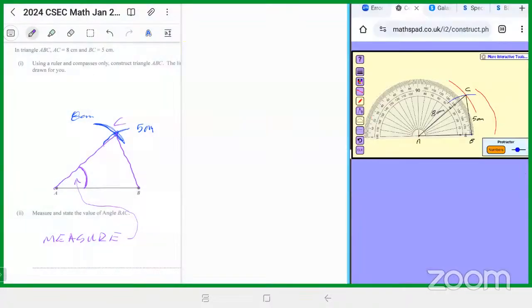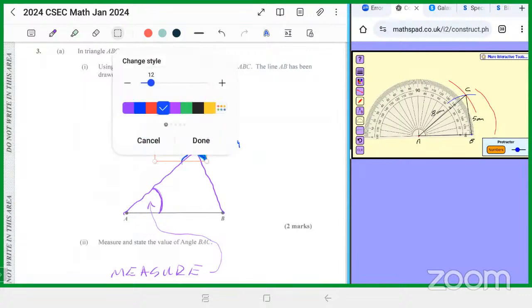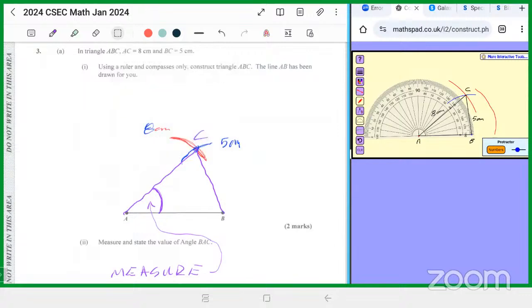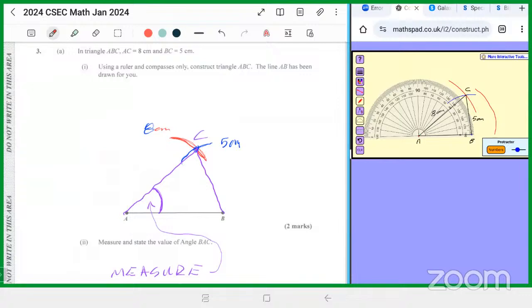All right. So maybe what I need to do with this is use some colors as well. So I'm going to change the 8 centimeters to red. I change that to red, just to show. Change that to red. And I'm going to put a red dot here to see that we're measuring that line.